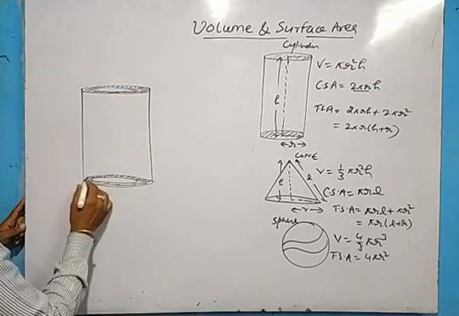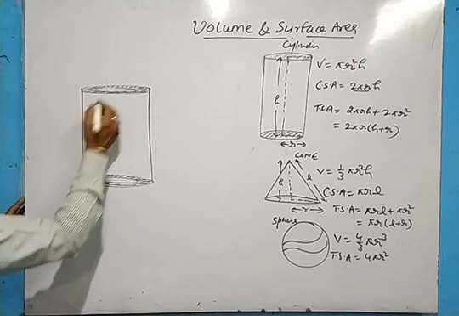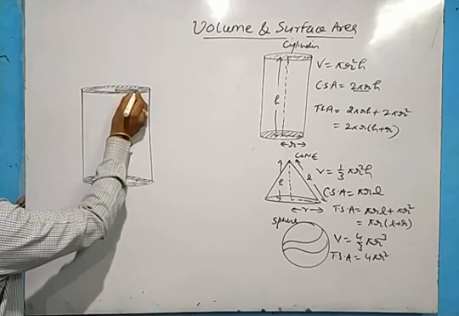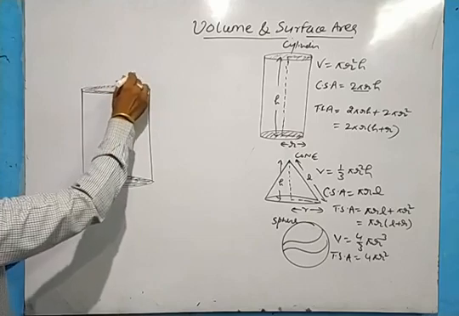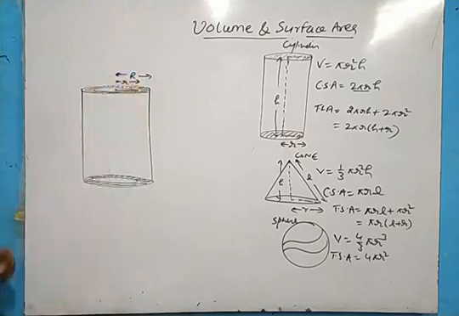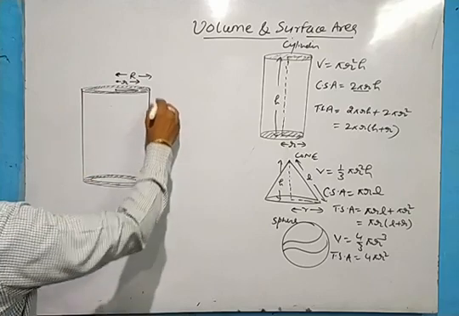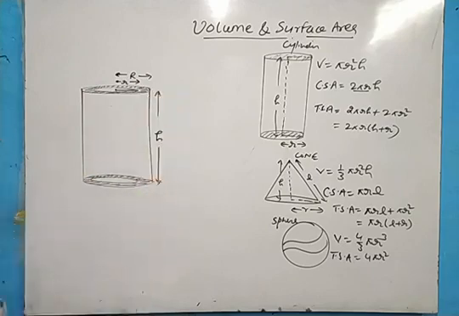In these kind of cases, what we will have? See, we will have inside radius and outside radius. So small r will be inside radius and capital R will be the outside radius. And height is going to be the same. So we need to find the volume of metal.